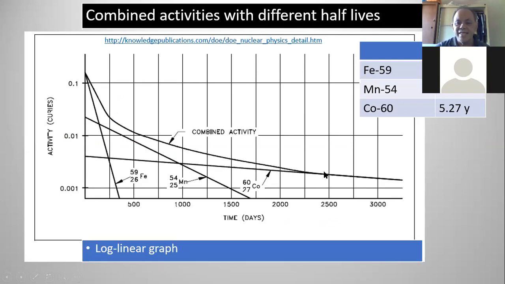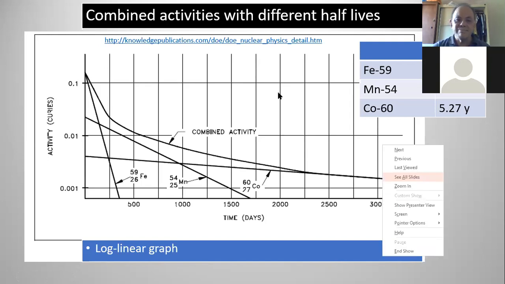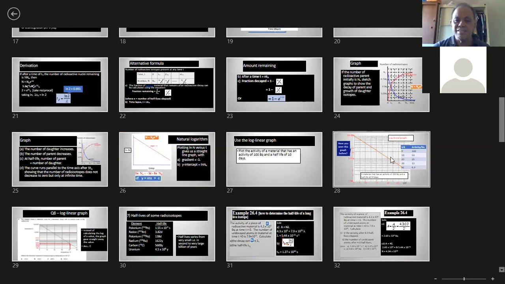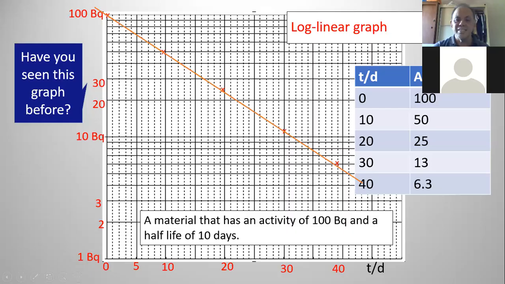And then at the end, after the time of days, where all of this one decays and this one decays, this part will just be the long one. And since we know from our log scale earlier that it's a straight line, you just find the gradient.